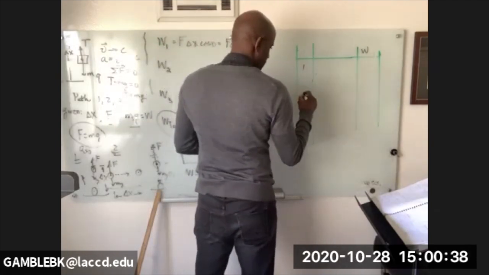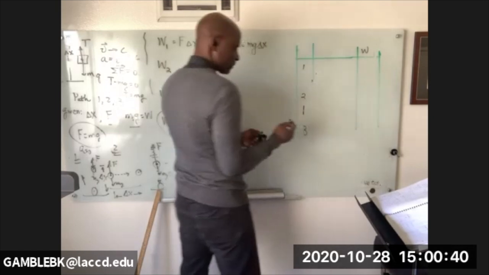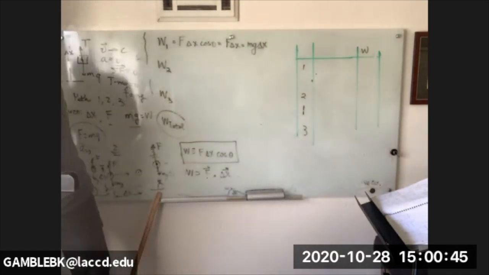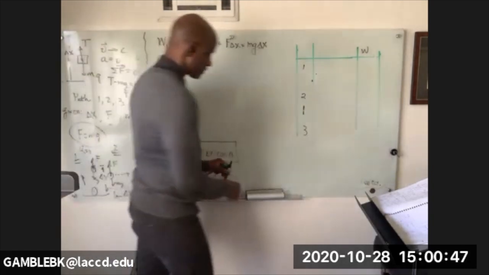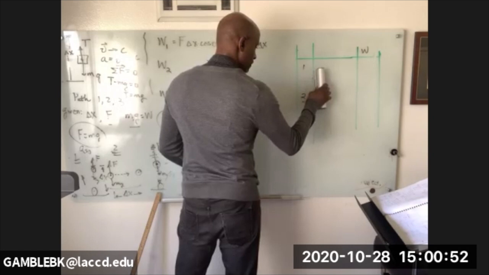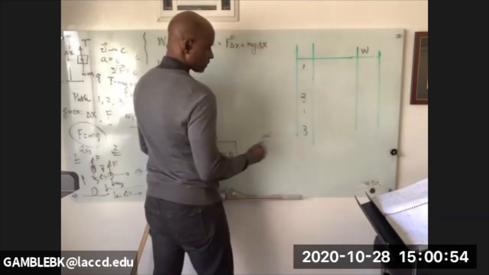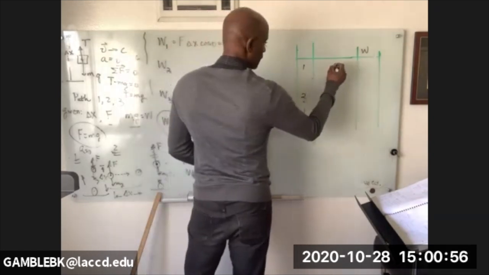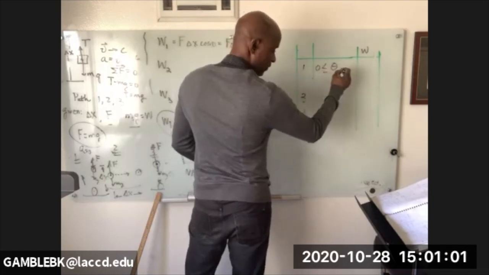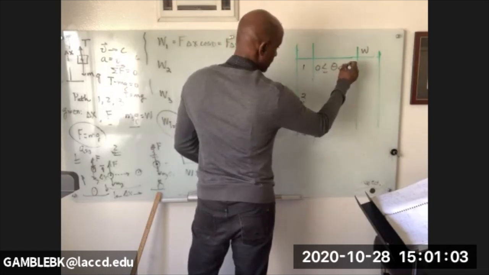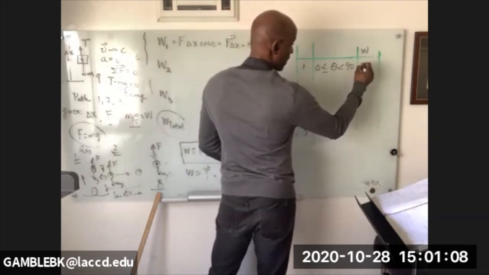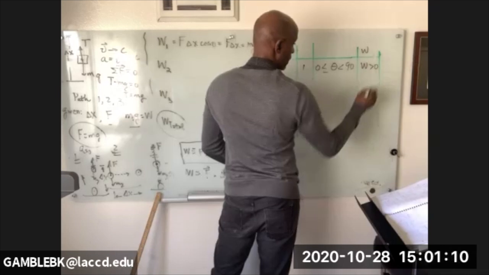So conditions 1, 2, and 3. Theta is going to be greater than or equal to 0 and less than 90 degrees. So when that's the case, the work is going to be positive, right?